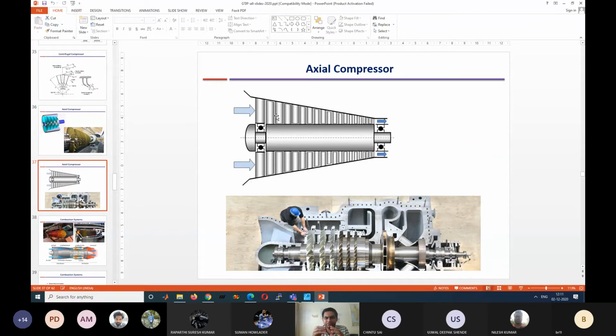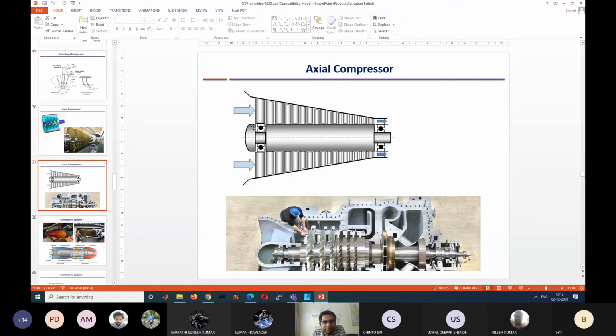And after that, some minor parameters like work done factor, de Haller's criteria, and degree of reaction, to understand the design of an axial compressor in a better way.